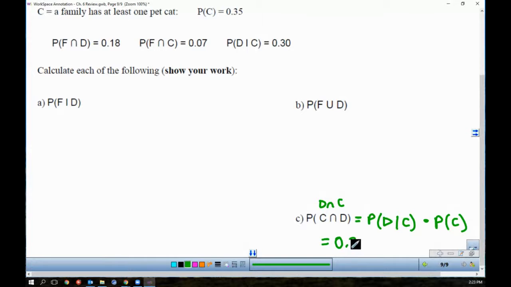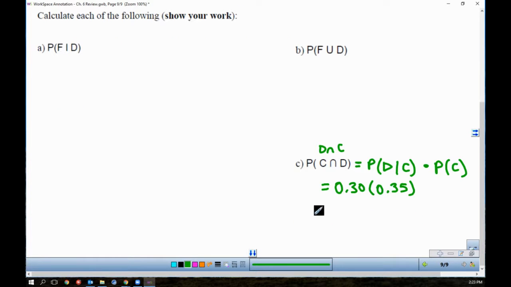So, 0.30 times 0.35, which is 0.105. Okay, so that was part C on number 10.